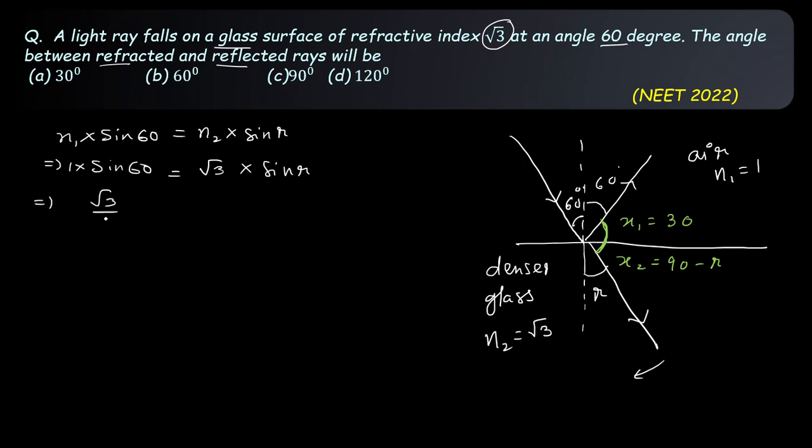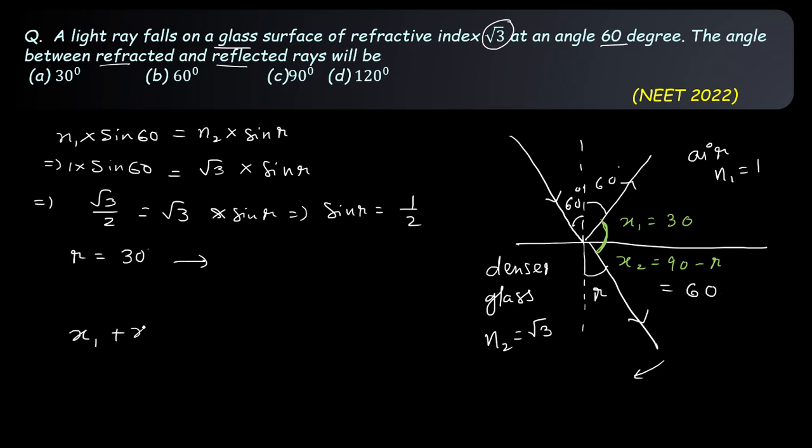This is square root of 3 by 2 equal to square root of 3 into sine of r. So sine of r will be equal to 1 by root 2 and r will be equal to 30 degree. What does it tell? It tells that this angle is 60 degree. So what is the angle between reflected and refracted rays? This is equal to 30 plus 60, nothing but 90.